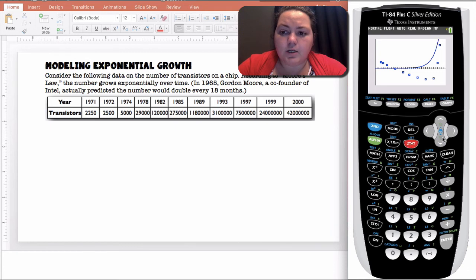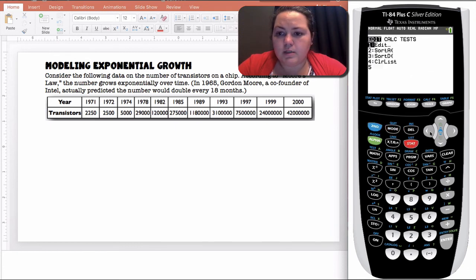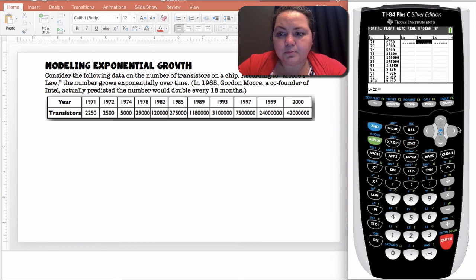Okay, if you're going to do it the old school method, you go to stat, edit, go up here, list 3. You would want to take the log of all your list 1 values. So make sure you go up top, highlight list 3, and then type log of list 1.